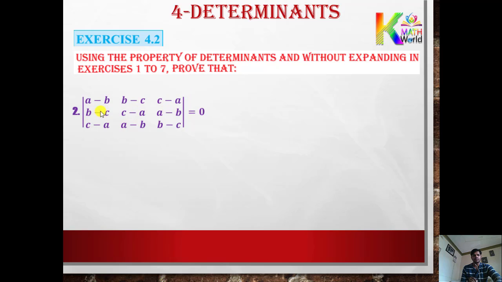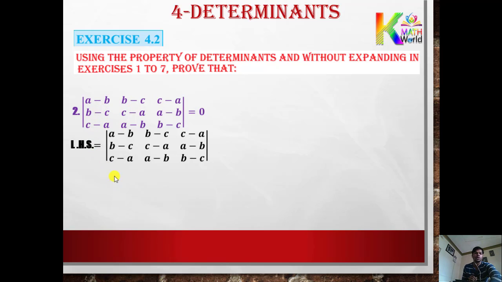If you see the elements properly, firstly this is the left hand side. A minus B, then plus B, then minus C, then plus C, then minus C. So if you add everything to the first row or first column, you can perform either a row operation or a column operation. Suppose you perform a row operation on R1, adding the second row and third row, that is R1 plus R2 plus R3.